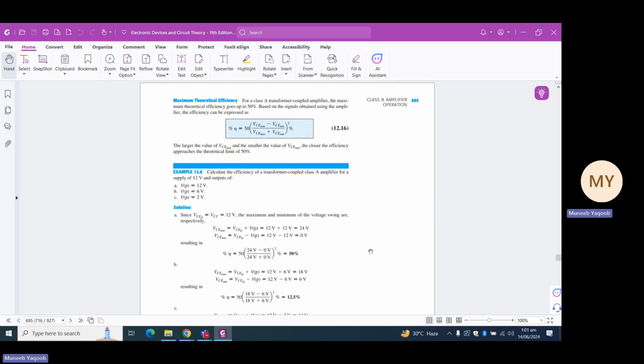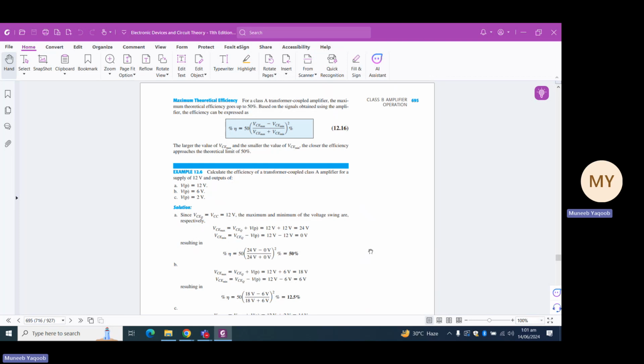Now coming to another very interesting formula, and this formula is basically giving you the efficiency while calculating the basic VCE maximum and VCE minimum.